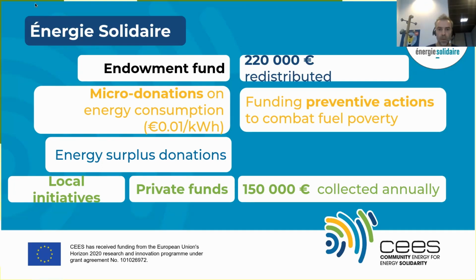And that's what we've been doing for the last 3 years, because we only started 4 years ago to collect donations, and we've managed to redistribute 220,000 euros as of today. And this number should be doubled by next year. So it's increasing year after year.